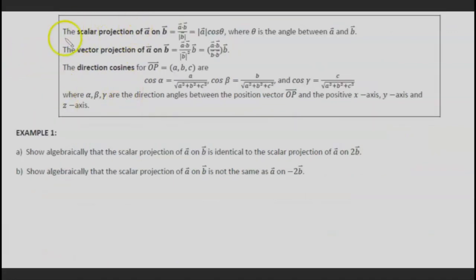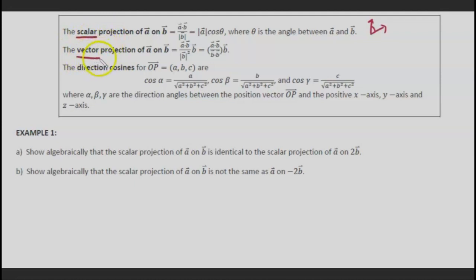So here's a box full of these equations. The scalar projection of A on B is going to be A dot B divided by the magnitude of B, and it's going to equal the magnitude of vector A cos theta, where theta is the angle between A and B. This angle again is tail to tail. You're going to get a scalar, a number.